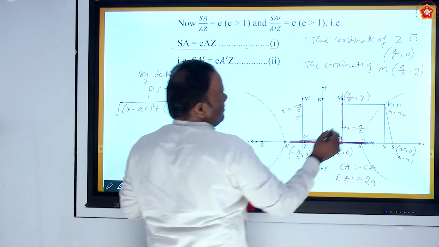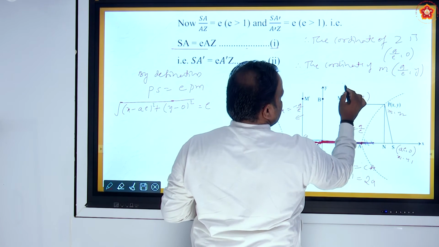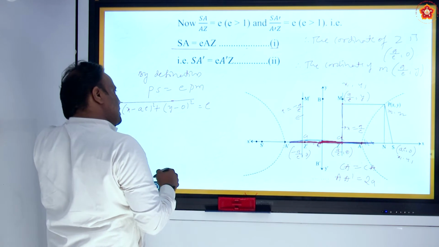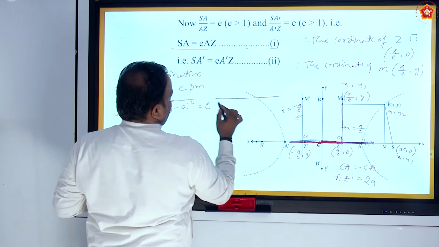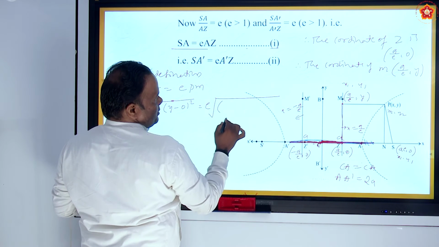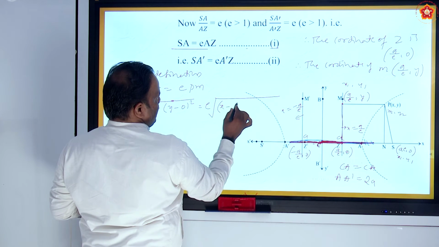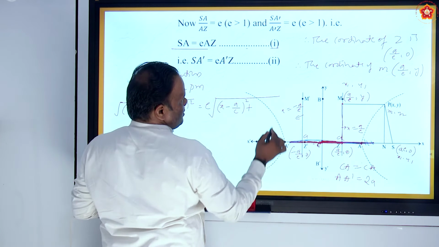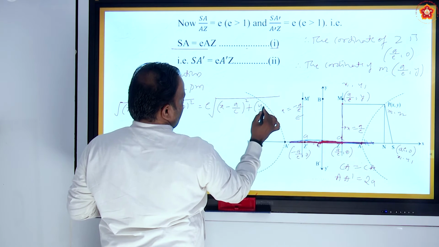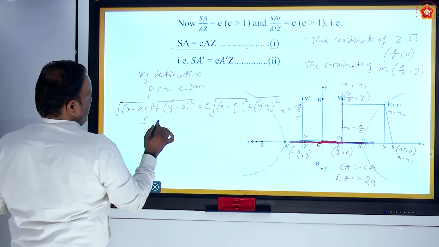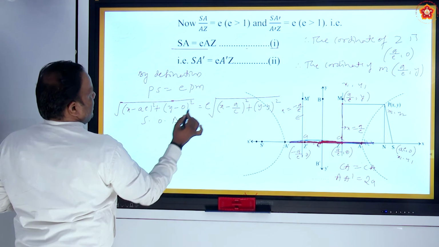PM is nothing but, again we know P is x2 y2, this is x1 y1. Once again by distance formula, root of x2 minus x1, what is x2 here? x2 is nothing but x minus a by e whole square plus y2 minus y1 whole square. y2 is nothing but y, y1 is nothing but y, whole square. Simplification, squaring on both sides and simplify.